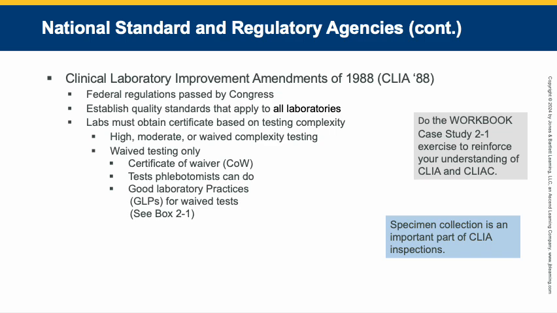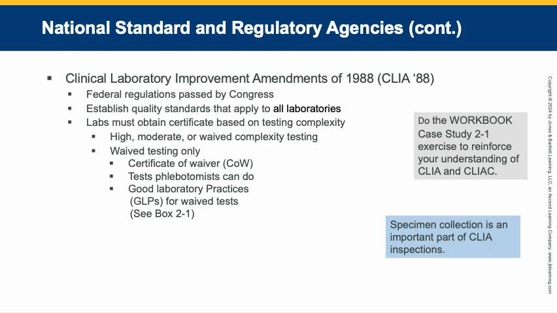Let me tell you about the other 2. So moderate or higher complexity level testing means that their facilities are subject to routine inspections. So if your lab only does waived testing, then you do that certificate of waiver and you don't have these routine inspections for the lab part.